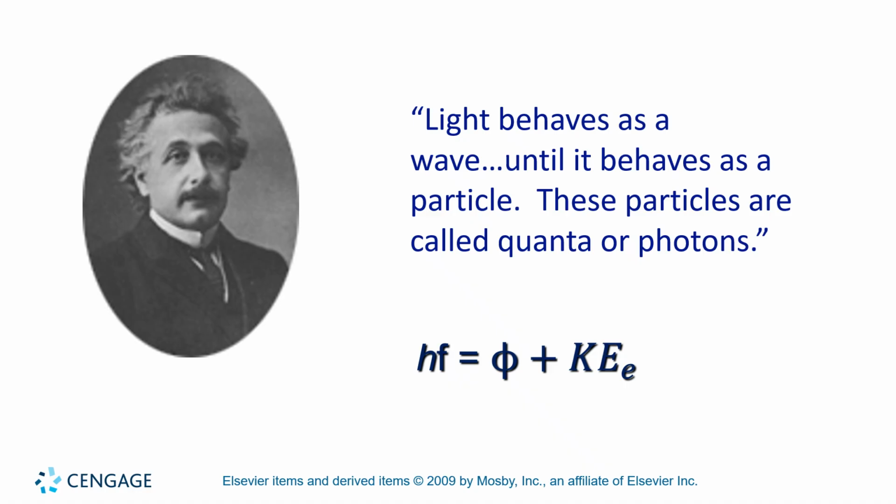Okay? And so he borrowed several ideas: kinetic energy from Newton, treating the electron as a particle, which works out just great because that's what we want to do too. hf is borrowed from the Planck equation for energy, and then the work function, which is that other symbol.